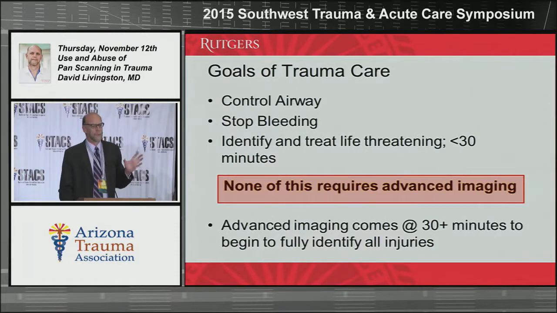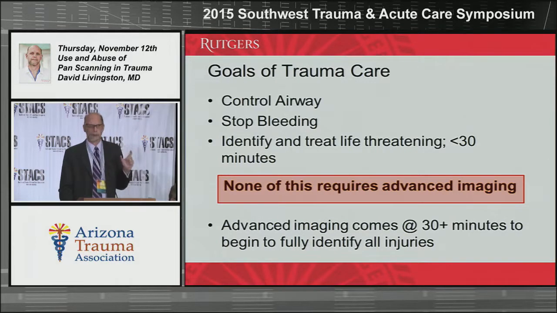The goals of trauma care in the acute setting are to control the airway and to stop bleeding, and we talked about that this morning, that's why people die, right? And then to quickly identify life-threatening and even life-debilitating injuries within the first 30 minutes. The case that Dr. Ree articulated, if you can't get to the problem, that's a problem by itself.